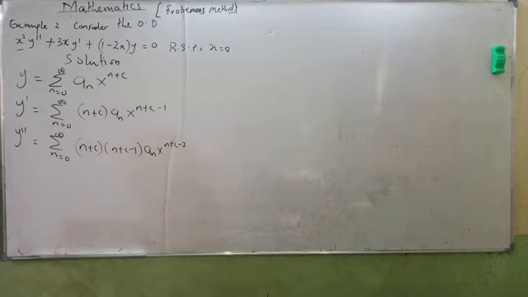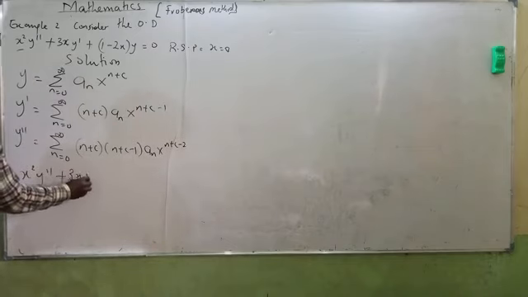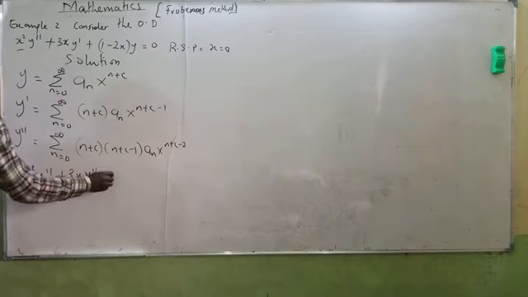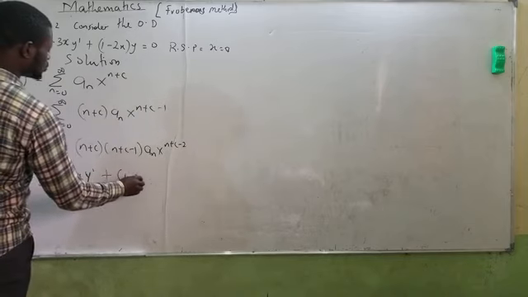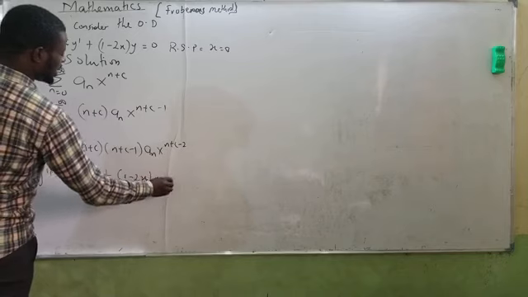Now, that is what I need to do. I think I need to be very fast because of time. The equation is x squared y double prime plus 3x y prime plus (1 plus 2x) y equals 0.